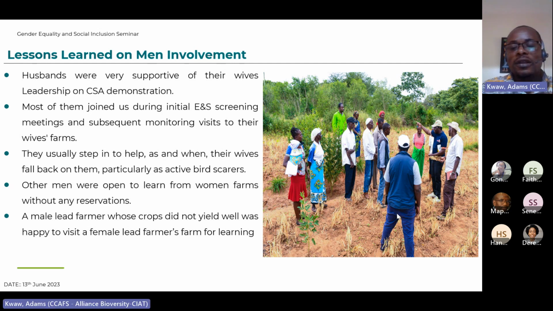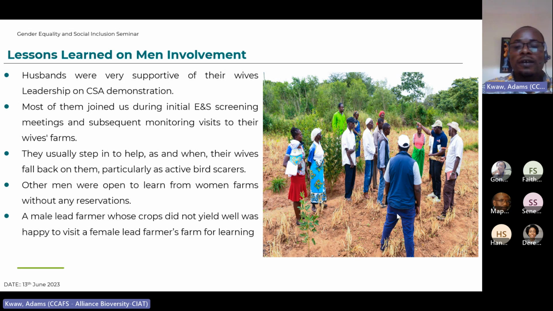For instance, there was one particular community where the lead male farmer's demo activities failed because of excessive depressed rainfall. Yet he was very enthusiastic to visit the nearby female lead farmer's plot to learn of the project innovations.